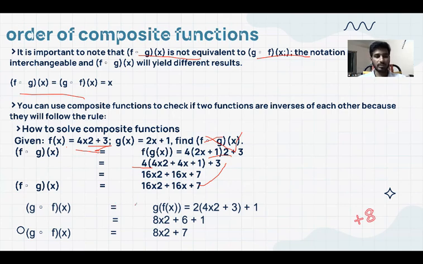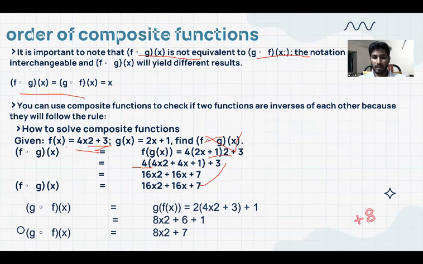For the same functions, I can do g composition f of x, which can be represented as g of f of x. It is equal to 2 into f of x, that is 4x square plus 3, plus 1. Where x is present in g of x, there itself we replace it with f of x. What is f of x? f of x is the function with the equation 4x square plus 3. So g of f of x is 2 times 4x square plus 3, plus 1.